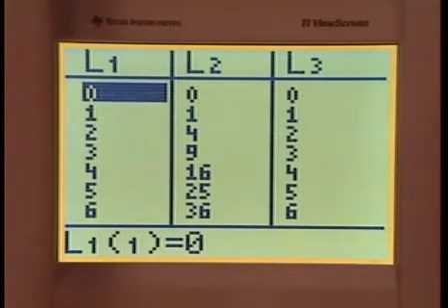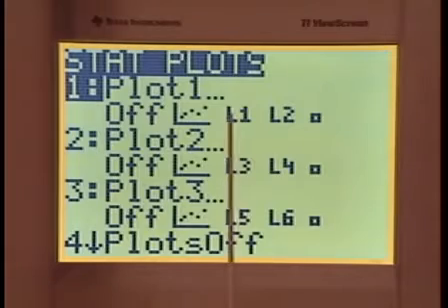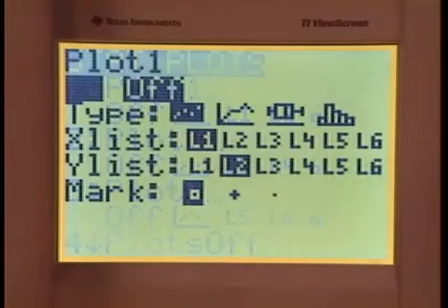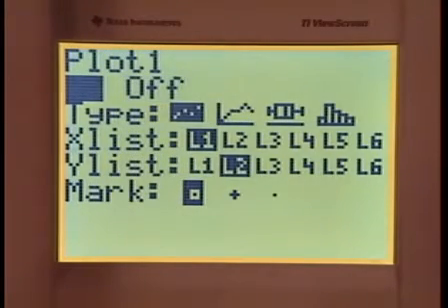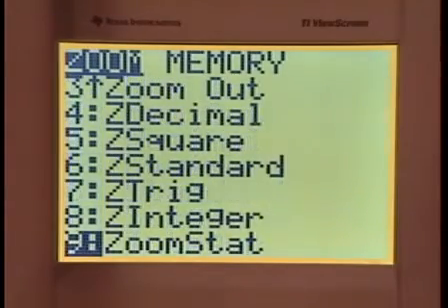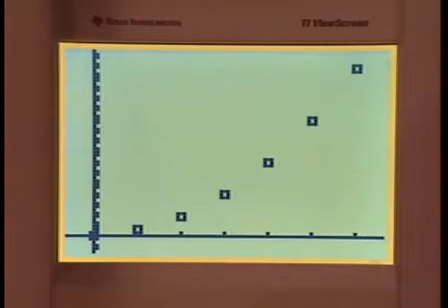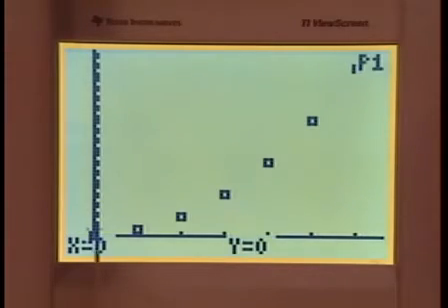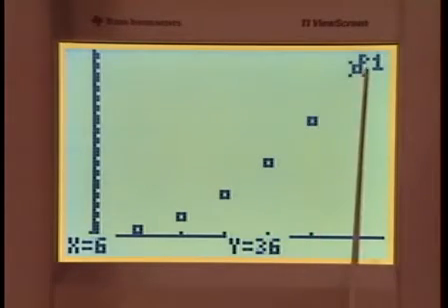So let's go to stat plot. Make sure that L1, L2 is turned on, which it is not. Now it is turned on. We then go to zoom. Zoom stat is number 9. And there are our points. If we were to trace them, 0 squared is 0, 1 squared is 1, 2 squared is 4, 3 squared is 9, 4 squared, 5 squared, up to 6 squared.